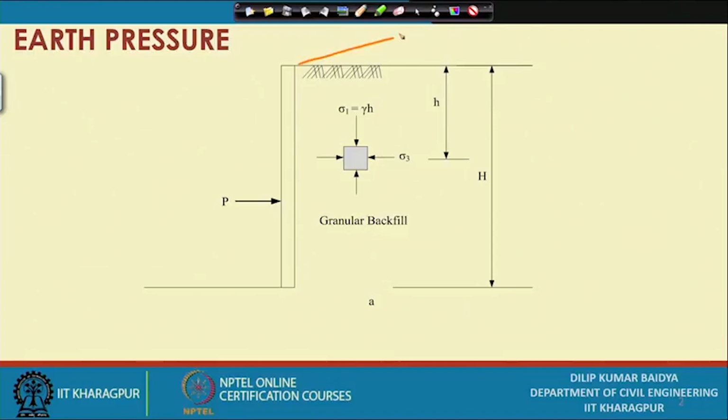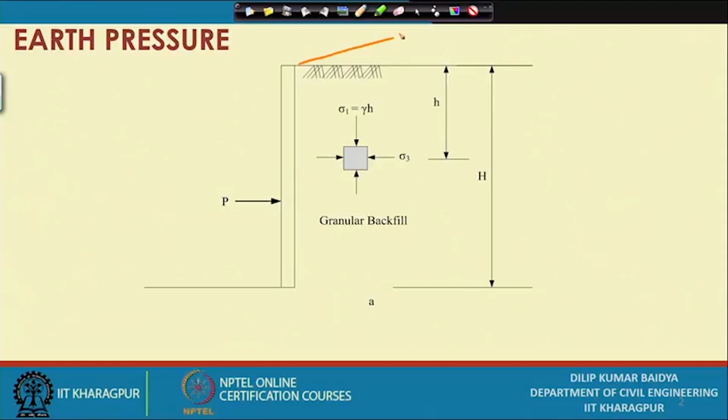So, horizontal. So, this is the condition generally applicable for Rankine's theory. Of course, if it is a sloping surface etc., and backfill also inclined, after doing some modification we can apply Rankine's theory also, which I will see later on.